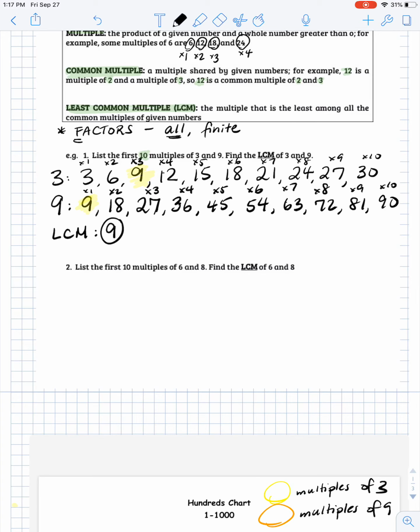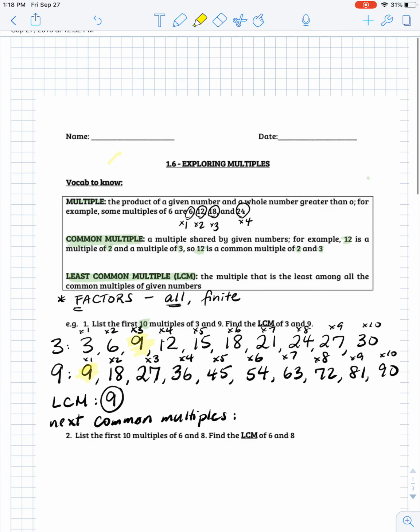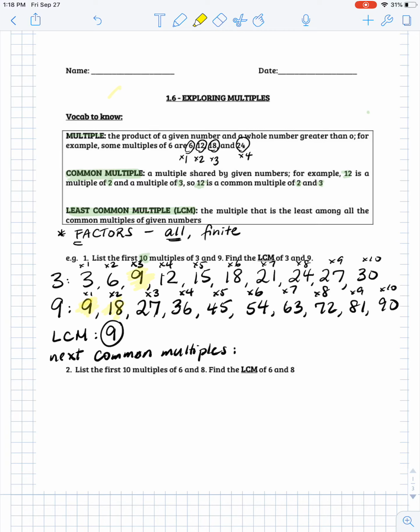Now, the other point to note are the next three common multiples, not the least, the next common multiples. What you'll notice is a pattern. Because the LCM is 9, the next occurrence where there is a common multiple of 3 and 9 is 18. And you can see 18 appears with 3 and 9.